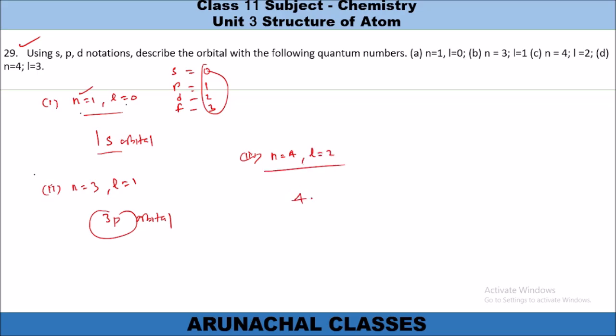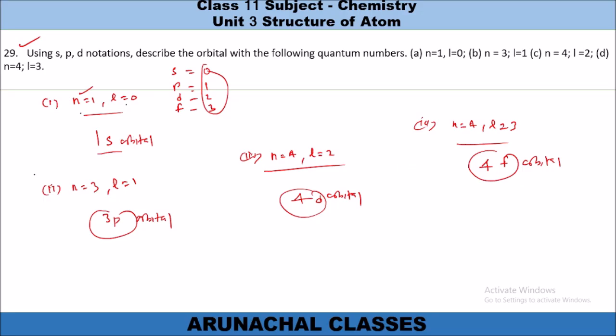It means it is 4d orbital. And fourth part, we have n value 4 and l value 3. It is 4f orbital. So in this way we have to describe the orbitals.